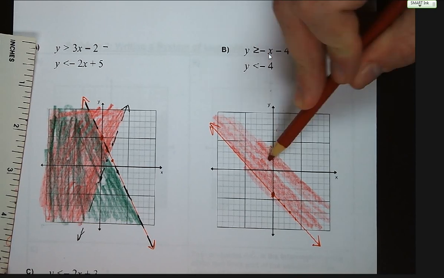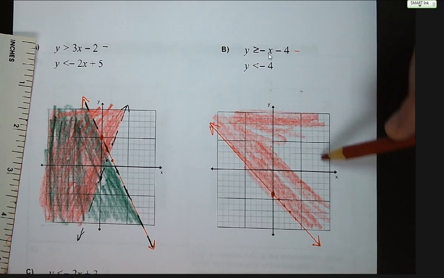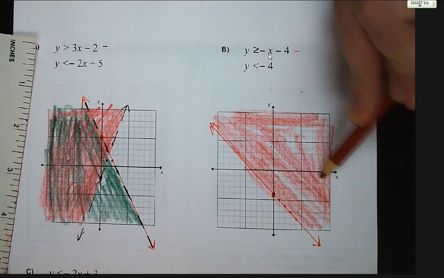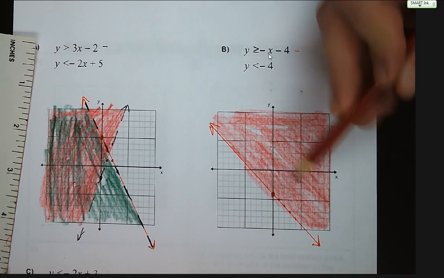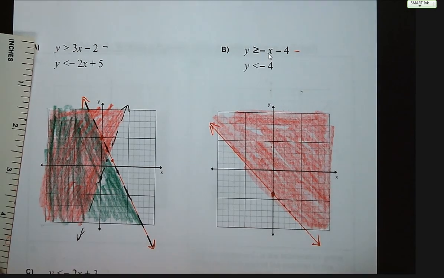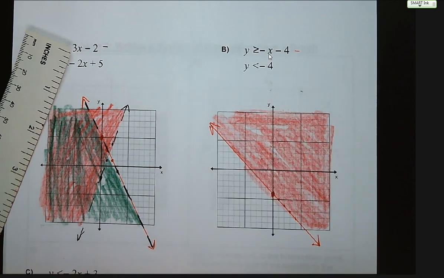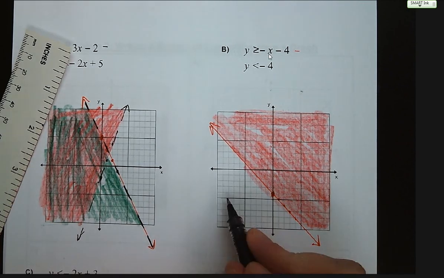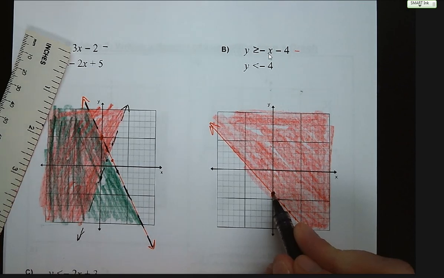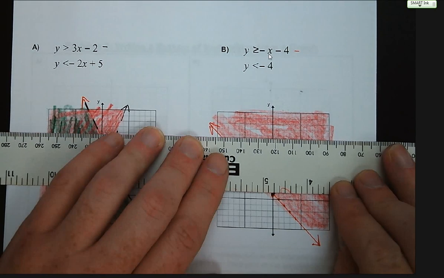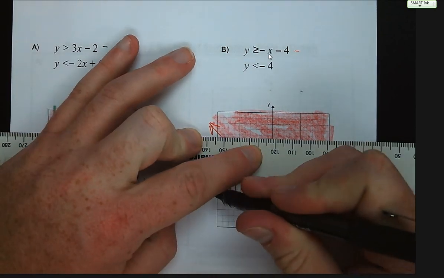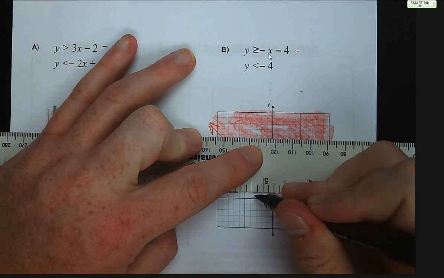Except for my sloppiness. Clearly, coloring inside the lines was not one of my strong suits in elementary school. All right. Now we're going to graph our second line, which is y is less than -4. So we have a point at -4, and it is a horizontal line, if we remember that from the last unit, and it is less than, so it's going to be a dashed line.